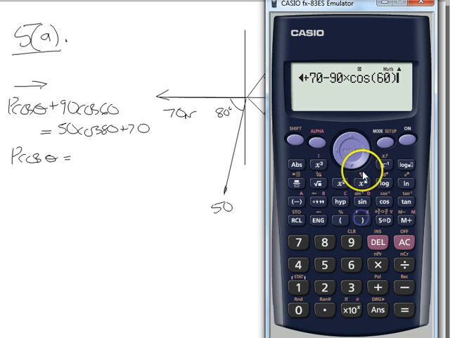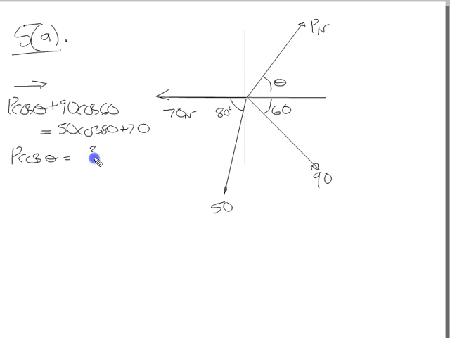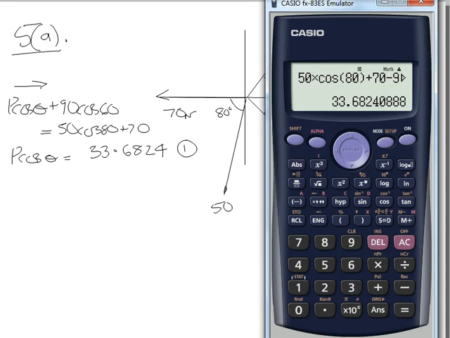There we go. Equals 33.6824. Let's keep it nice and accurate. 33.6824. That's equation 1. Yeah? Okay, good.